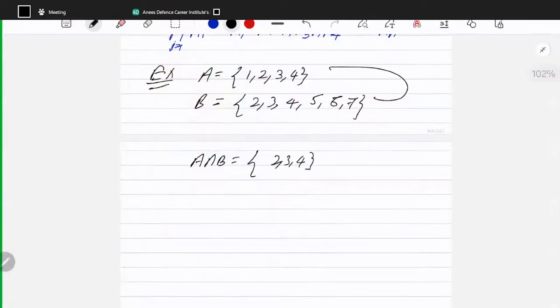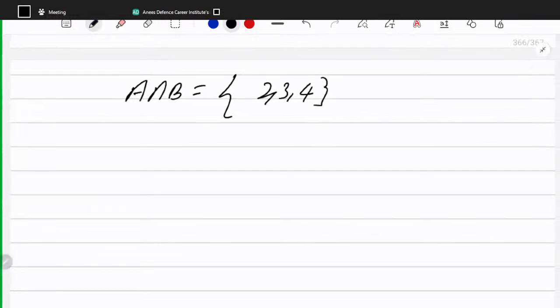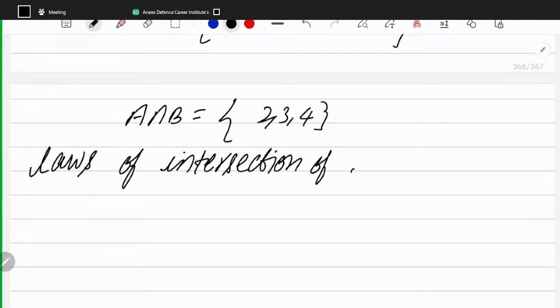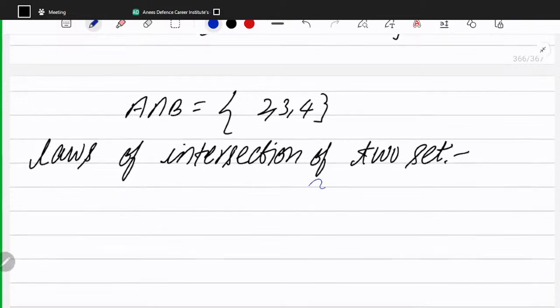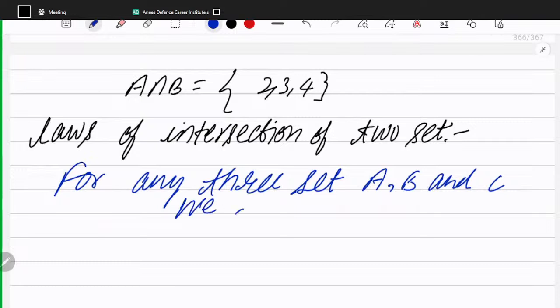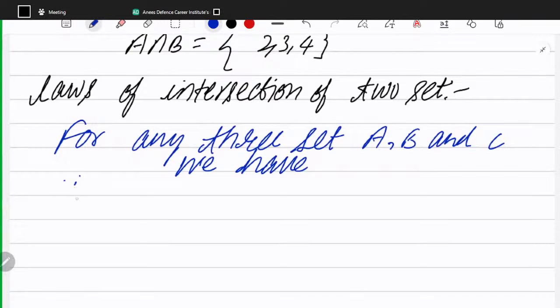Laws of intersection of two sets. For any three sets A, B, and C, we have A intersection phi is equal to phi.